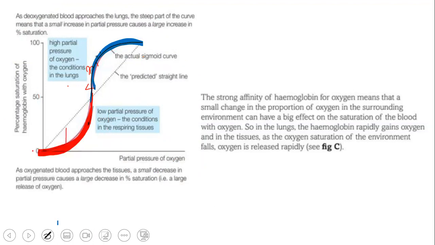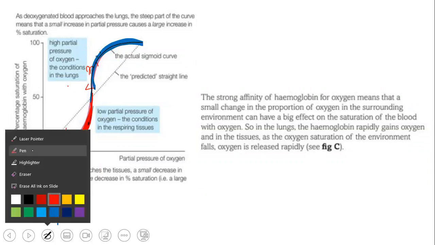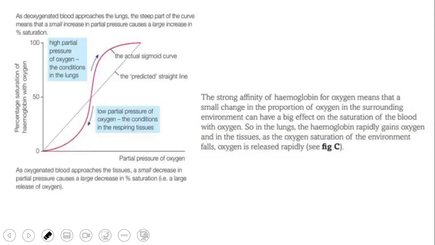If you look over here, for example, a small increase in the partial pressure can cause a large increase in percentage saturation. What do I mean by that? Let's compare. This is the partial pressure of oxygen. Let's take this as 2, and then from here.